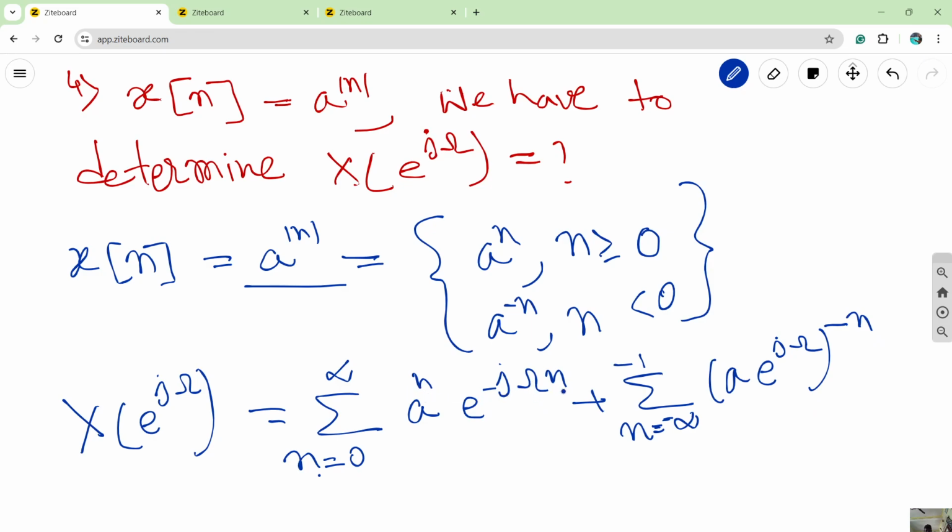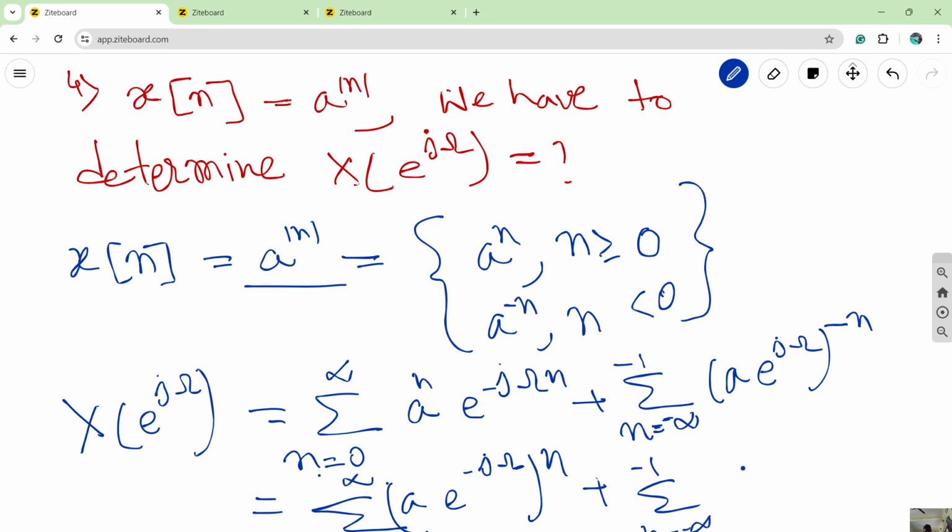Okay, so that can also be written as the sum for n equal to 0 to infinity of a e to the power minus j omega to the power n, plus the sum for n equal to minus infinity to minus 1 of a e to the power j omega to the power minus n.